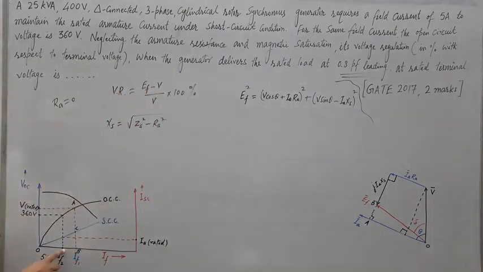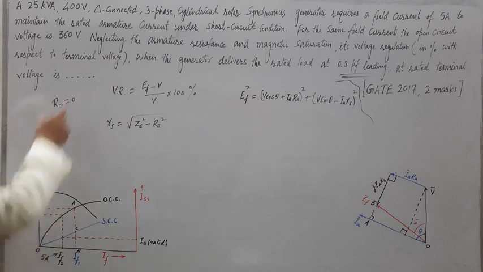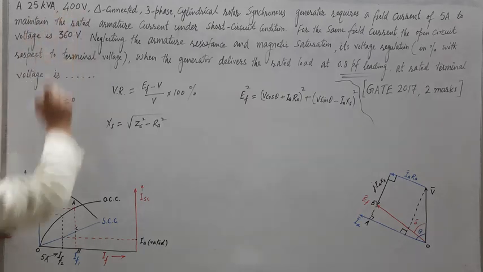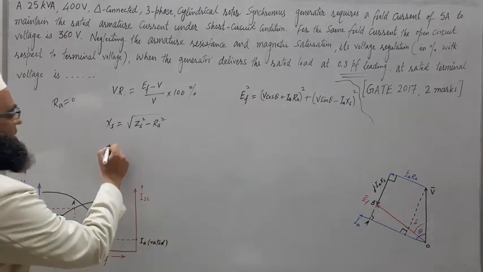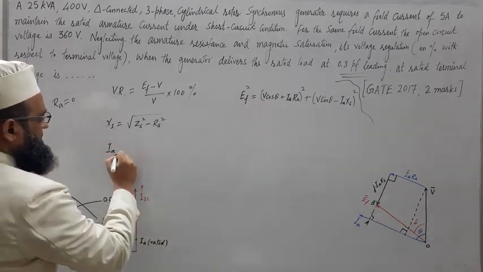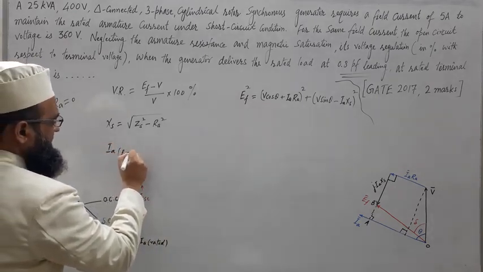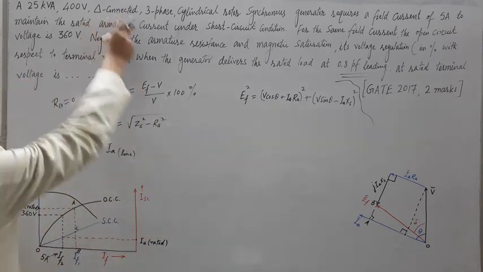So corresponding to this, voltage is already given, and this will be slightly lesser than the rated one, and the rated one is 400 volt. See, 360 volt is lesser than 400 volt. Fine. So corresponding to this, short circuit current is IA rated, but IA rated you need to evaluate from here. So write here IA line, first write line, take care of this delta also.